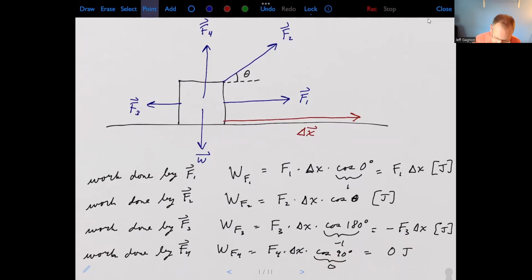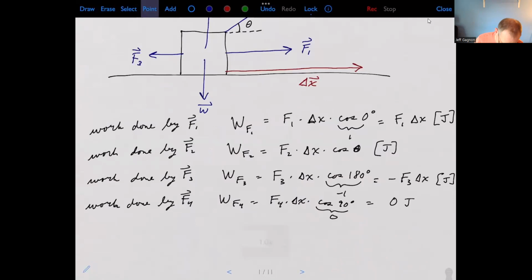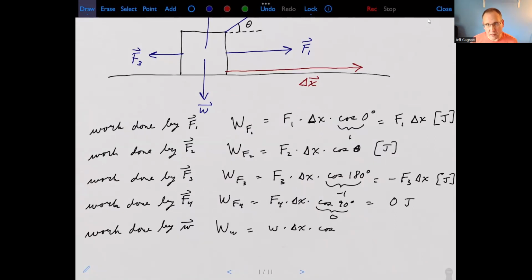And we're going to see the same thing with the weight too, right? So if we want the work done by the weight, W, well, that's going to be the weight times delta x times cosine. But what's the angle between the weight vector and the displacement?